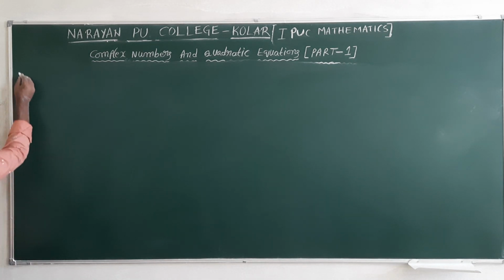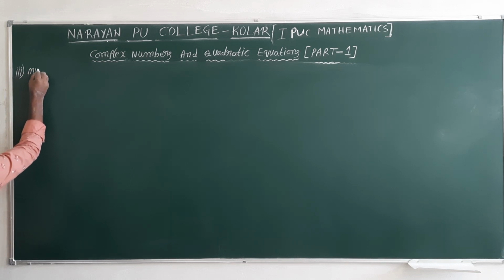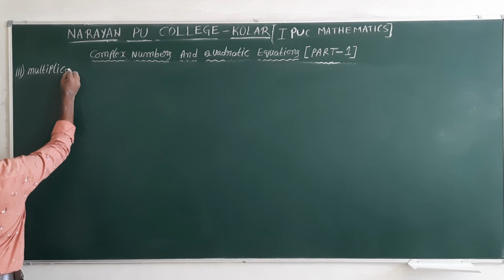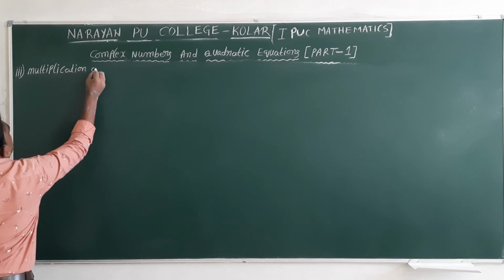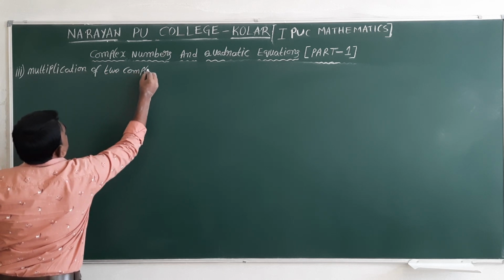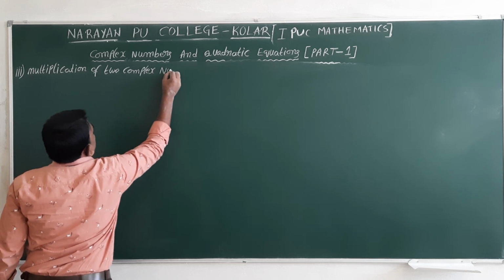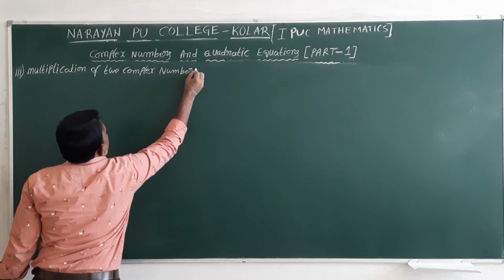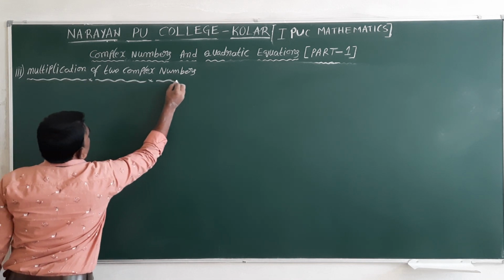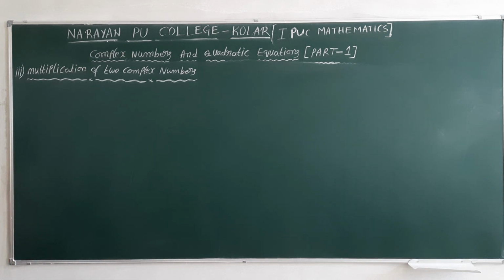Next, the third algebraic operation of two complex numbers is multiplication of two complex numbers. So addition of two complex numbers is completed, difference of two complex numbers is completed. Next, the third one is multiplication.